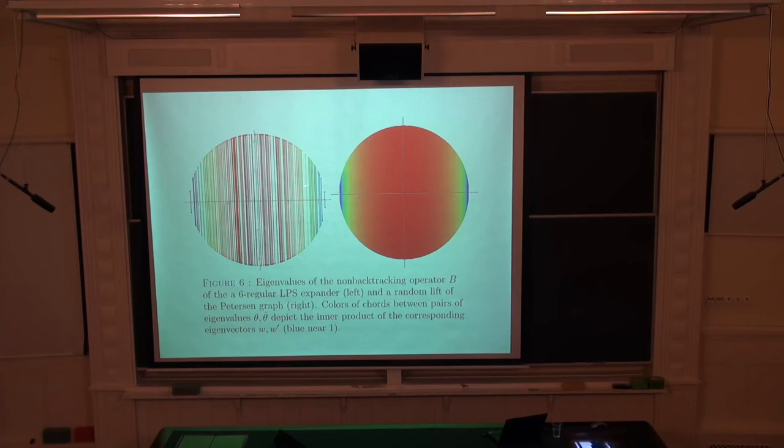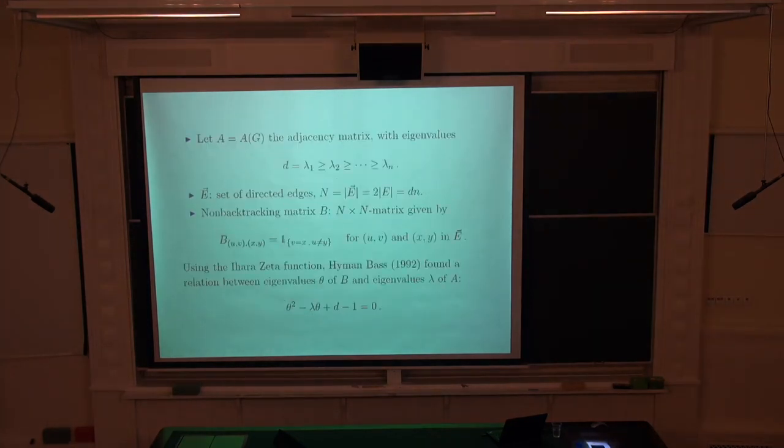And these two pictures represent that they can still have different structure. This is the LPS graph. This is the random lift. So here you have high multiplicities and some gaps. Here, the gaps are very small. This is the Bass theorem, which tells you what the spectrum is.